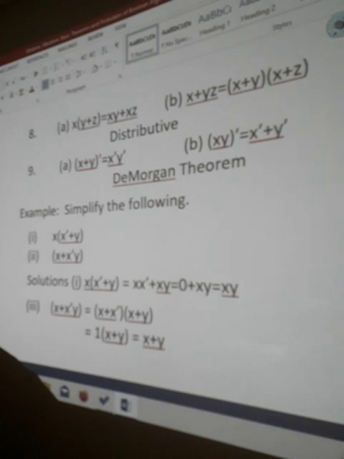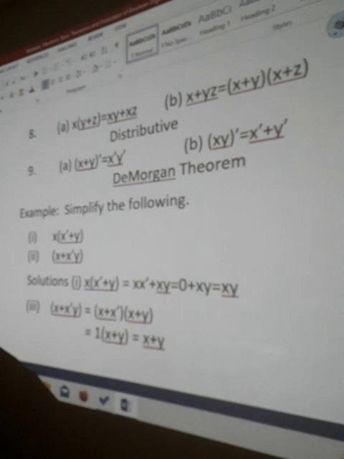Number 8, x(y + z) = xy + xz. It is the distributive law. B part is x + yz. It can be written as, in one bracket we have x + y, and in the other bracket we have x + z. It is the distributive property.